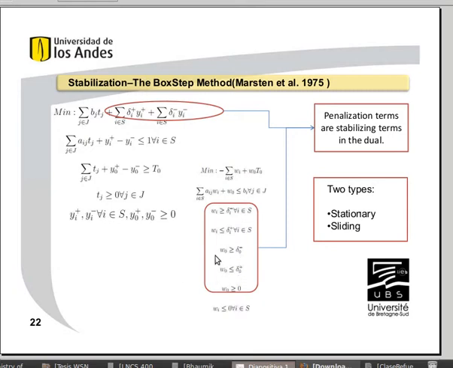So the values that I am signaling here are bounds that are imposed iteratively during the column generation algorithm.